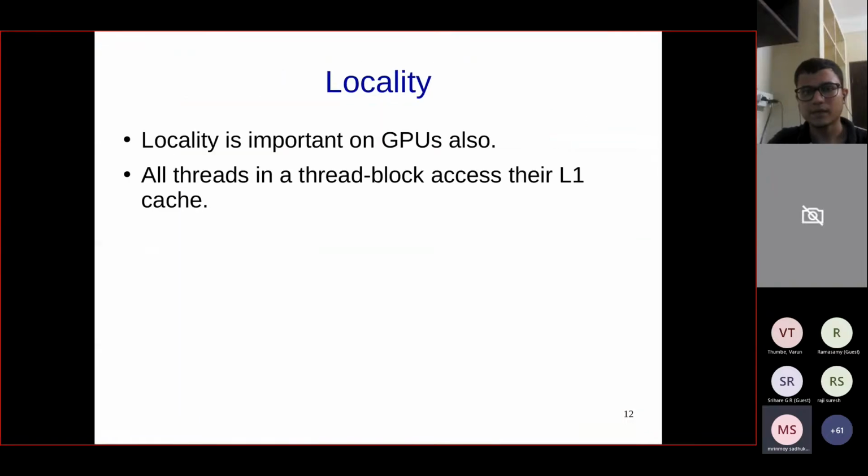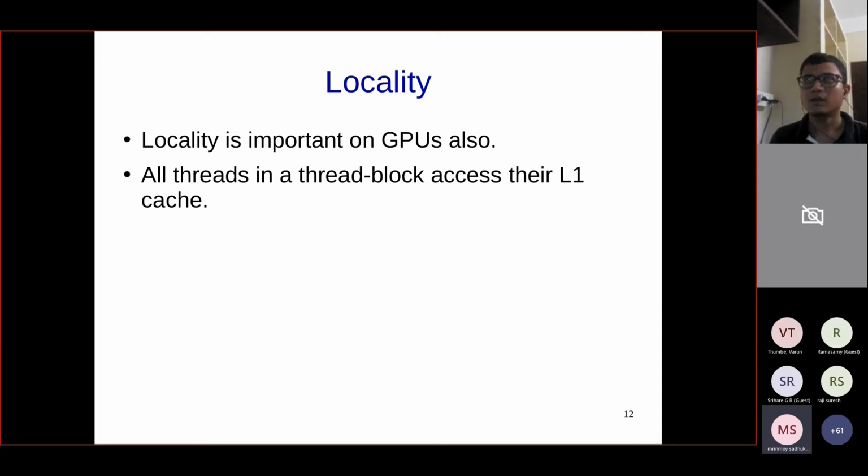So moving on, let us talk about locality. We all know that locality is very important on CPU, right? That is why the caches are designed. Let us say that we have accessed one particular word inside a block from the DRAM.